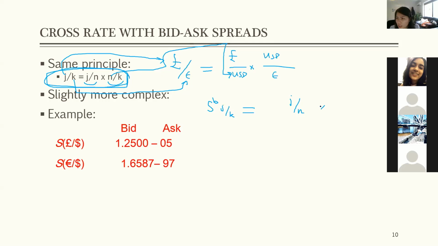So I'm going to write J divided by N times N divided by K. Now, if I want to find the bid rate on the left-hand side, then on the right-hand side, I'm going to write bid for both of my other exchange rates. Okay, so this is very important. If you want to find a bid rate on your left-hand side, you need the bid rates on your right-hand side as well for these exchange rates, okay?